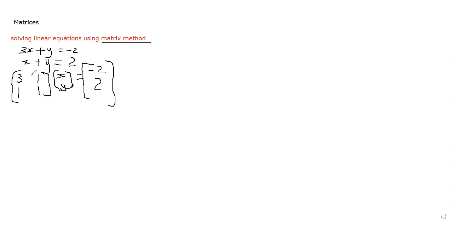Once we have done that, we get the determinant of this matrix. How do we get the determinant? We get the product of the leading diagonal minus the product of the following diagonal. So the determinant is therefore equal to 3 times 1 minus 1 times 1. 3 times 1, you get 3.